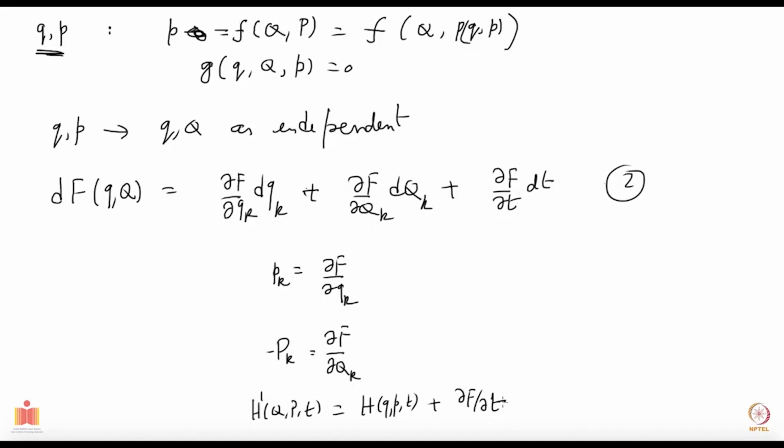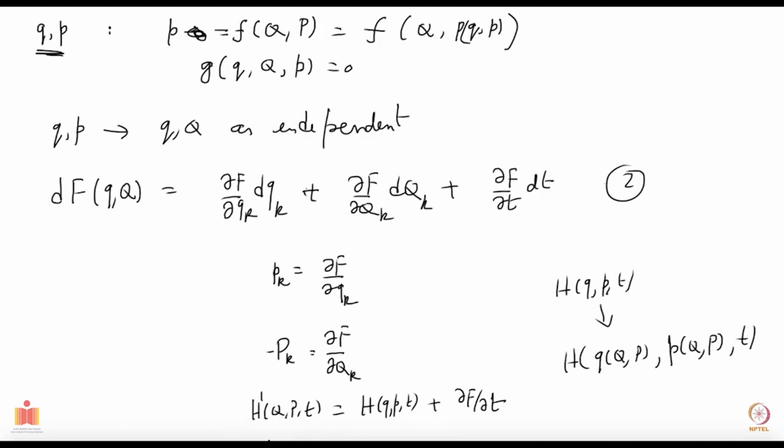They will have the same values. The only difference would be that you will express the new Hamiltonian by turning the small q's into capital Q. So you'll take your h of q, p, t and write it in terms of Q and P. That is what it means.